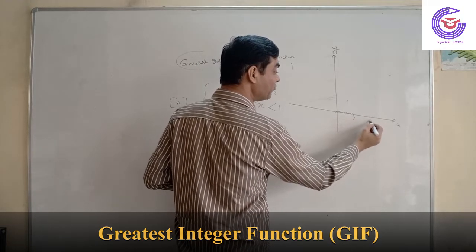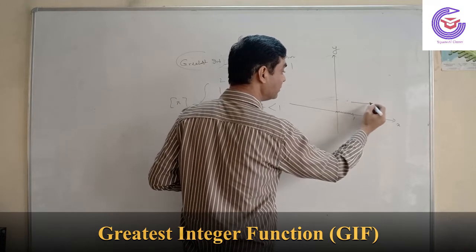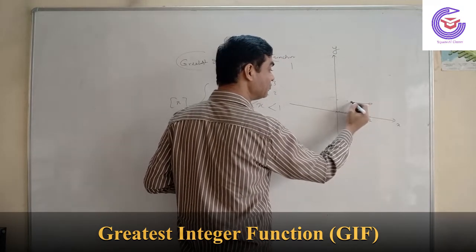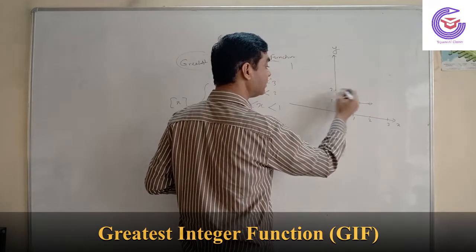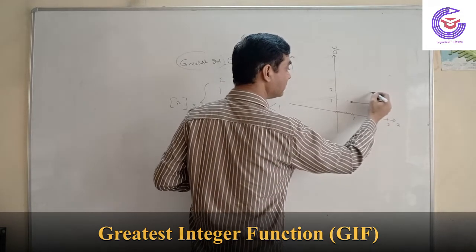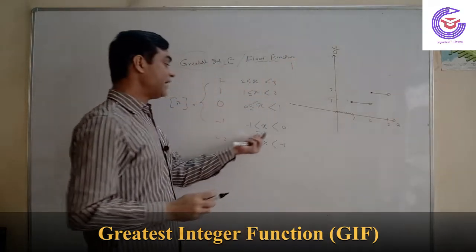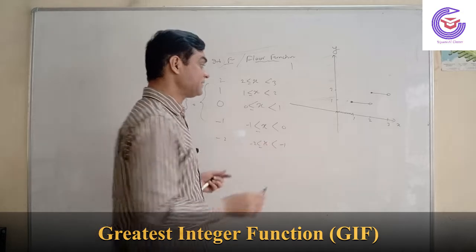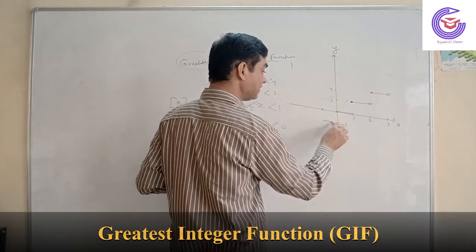When x is between 1 and 2, the value is 1, but 2 is excluded and 1 is included. Then 2 to 3, something like that. When x is between minus 1 and 0, what happens in that case? This is minus 1.